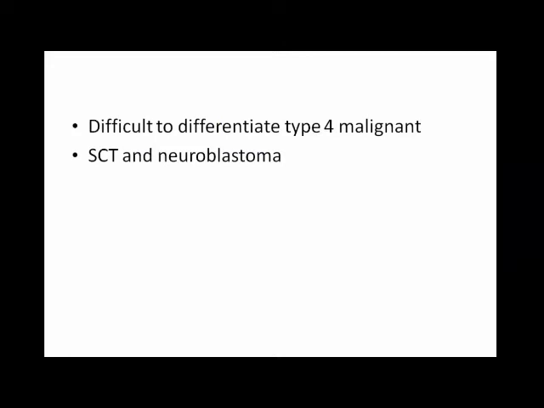Moreover, the malignant one will be completely solid, and the typical features which we see in benign teratoma may not be visible in the malignant counterpart. So it will be completely solid with a few calcifications within. In that case, we can't differentiate between these 2 entities.